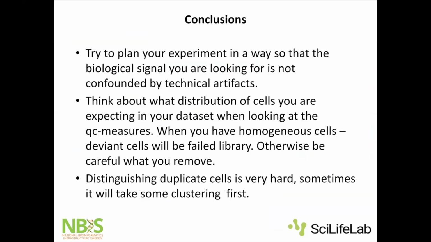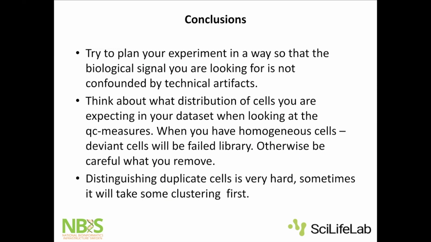So try to plan to avoid too many of these batch effects, and also think about speed a lot when you prep your single cell data so that you don't have degraded RNA and dying cells. When it comes to defining cutoffs, think about what you expect.